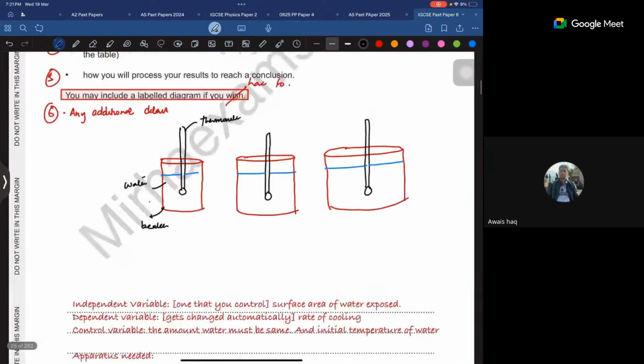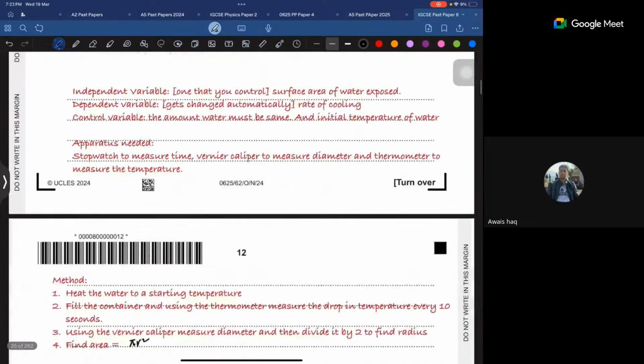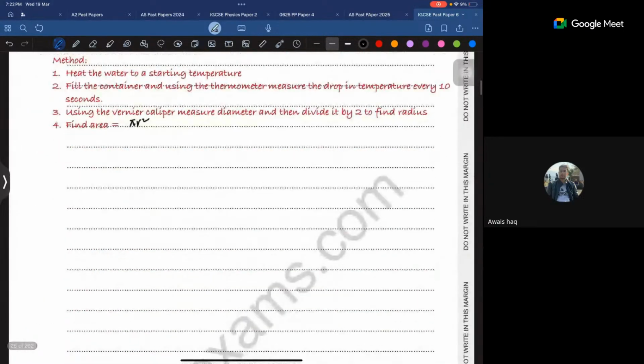Then moving on to the fourth one, which is results of measurement. So that's pretty easy. You are to make a table. In the table, what you need is two things: the rate of cooling in degrees Celsius per second, right?